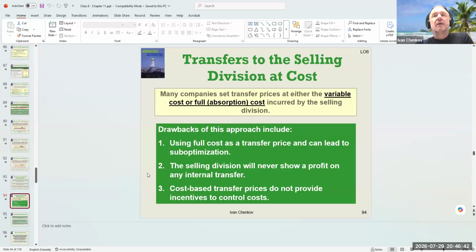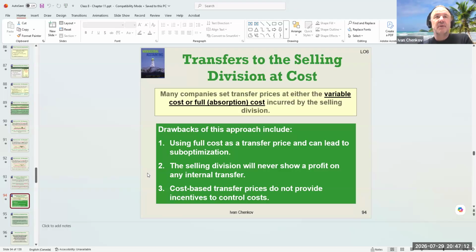Now, why shouldn't we transfer at the selling division's cost? What's going to happen if we do the transfer pricing at the minimum cost, or the variable cost, or full absorption cost for the selling division? If that happens, there will be increasing negative tension, because using full cost for the transfer pricing can lead to sub-optimization.